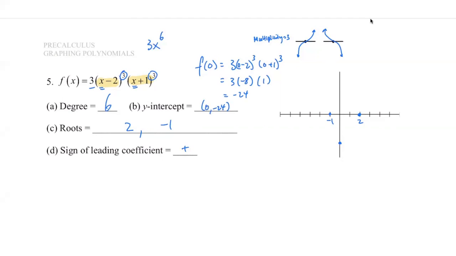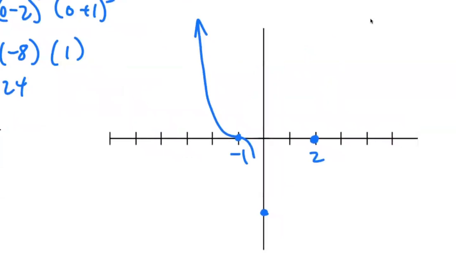So this is what I'm going to do. I'm going to put my arrow here, and then approach my first root. And then this is how I'm going to show my little S-shaped turn. Then passing through -24, and then going back up here, and showing this S-shaped turn again.